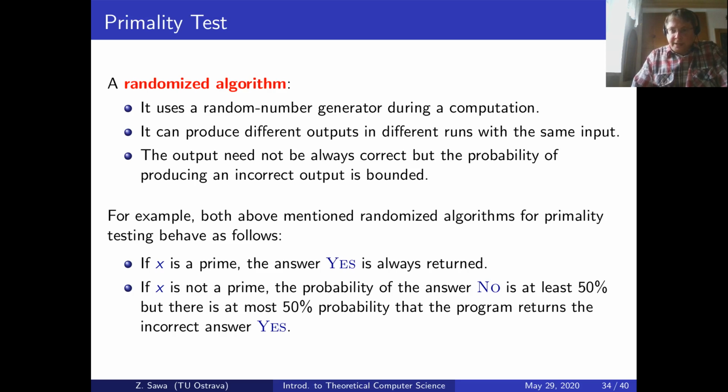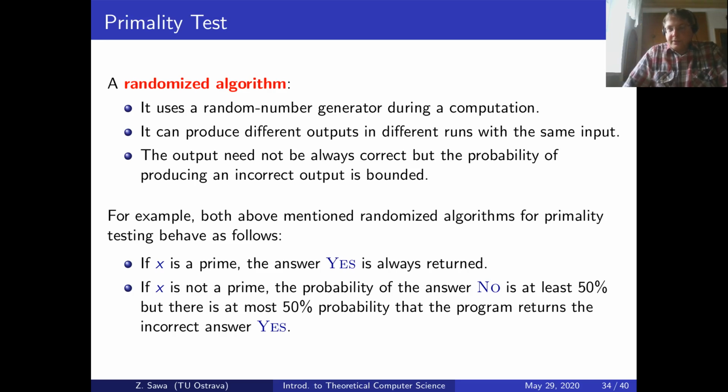So for the same input, there could be many different possible computations, depending on which random values were generated during the computation. The algorithm could produce different output depending on the random sequence used during the computation, and the output is not necessarily always correct. It could produce a wrong answer.